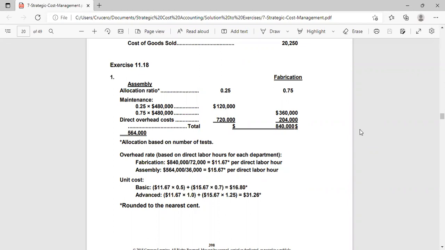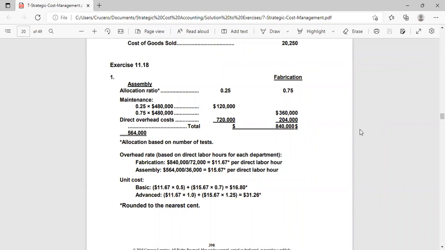Allocate the inspection cost to each department and compute the overhead cost per unit for each monitor with the use of direct labor hours in computing the overhead rates. So in the assembly, here we have the allocation ratio 0.25 and fabrication 0.75.